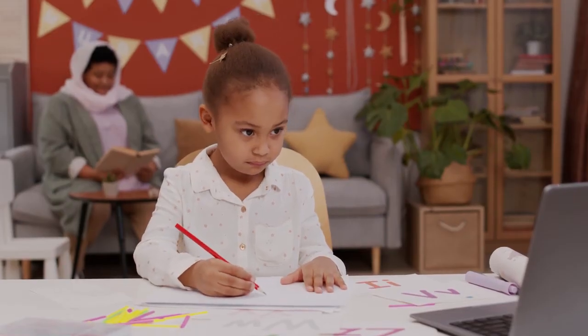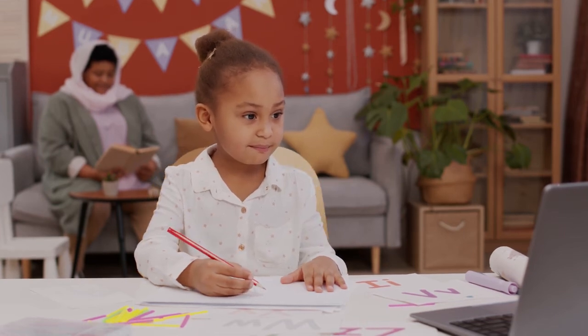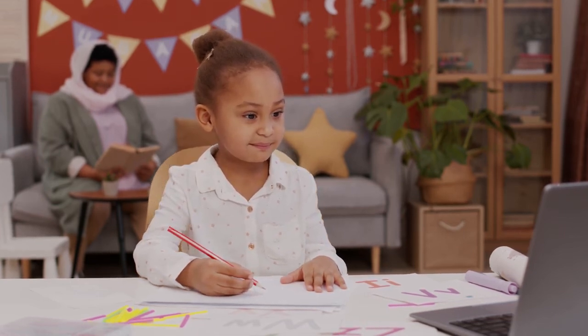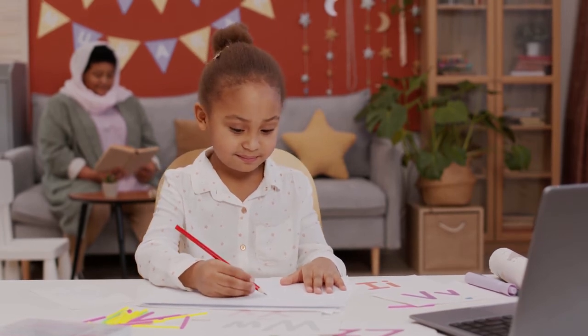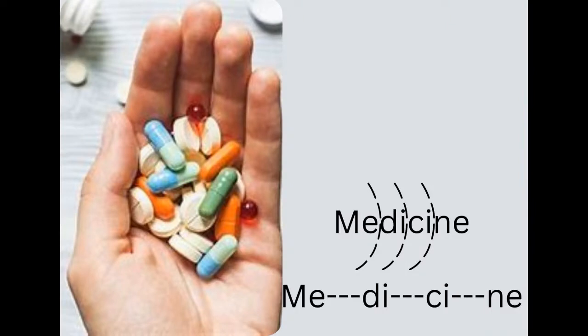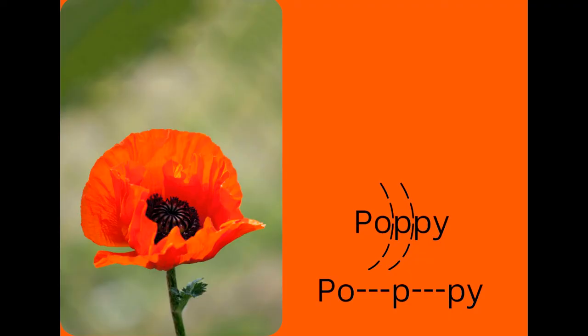Usually the resulting spelling will be wrong, but the idea here is not to find the right spelling, but to check how well they are able to associate the sound with the alphabet. For example, when I tried this with my kid, I gave her the word medicine and she wrote it as Medizye. Appreciate this effort, but also correct the spelling, because the kid should not believe that this is the right spelling.